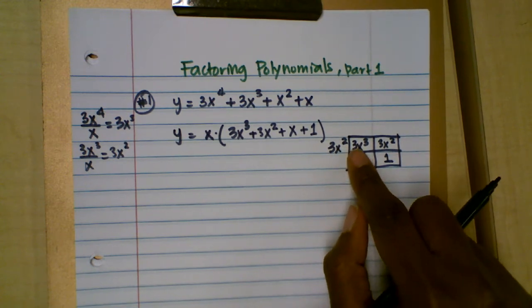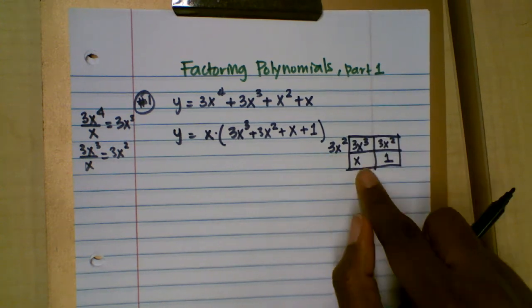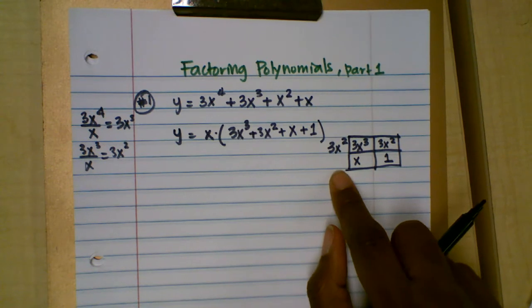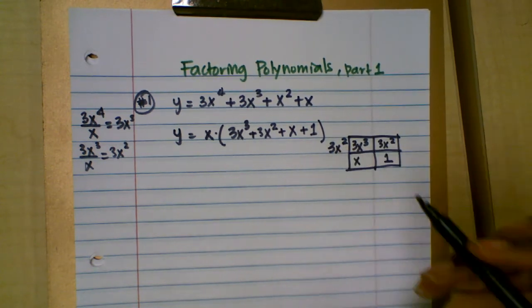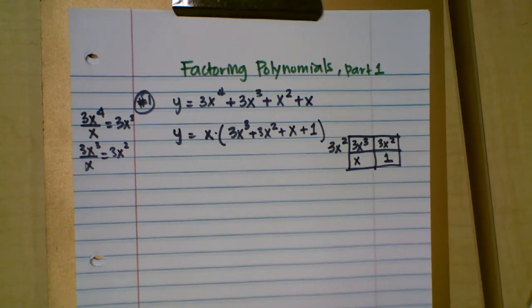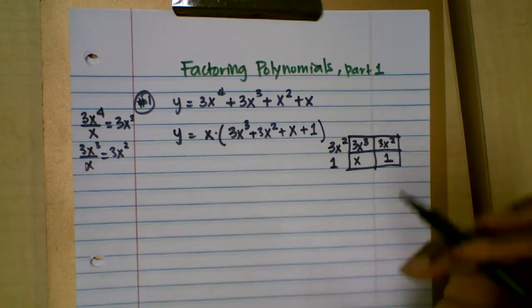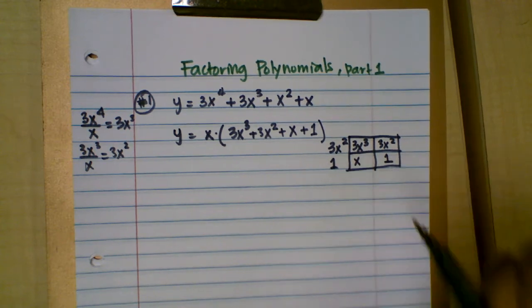And because the number 3 is being multiplied in both terms, I pull out 3. So now x and 1. There's no number in common. So is it going to be 0? No, it cannot be 0. If you don't see any number in common, it's always going to be the number 1. Because the factor of x is x times 1, and the factor of 1 is 1 times 1. So 1 is a common factor in both.